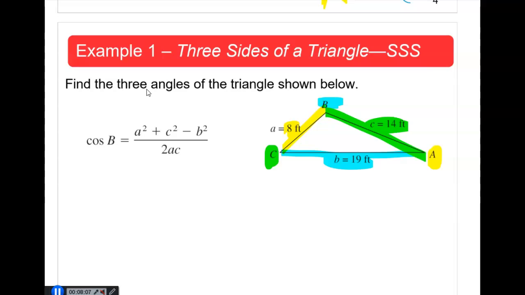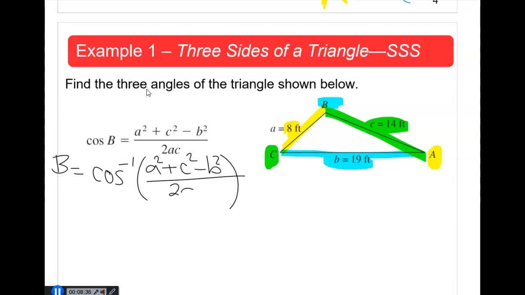I have already copied the formula here, and I'm going to go ahead and write what we need to do for B, which is going to be cosine inverse of a squared plus c squared minus b squared, and everything is divided by 2ab.